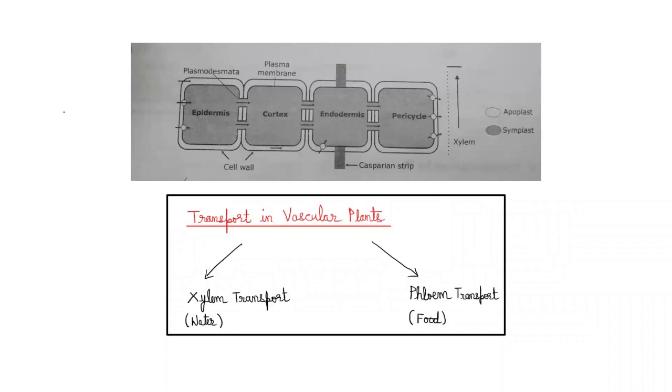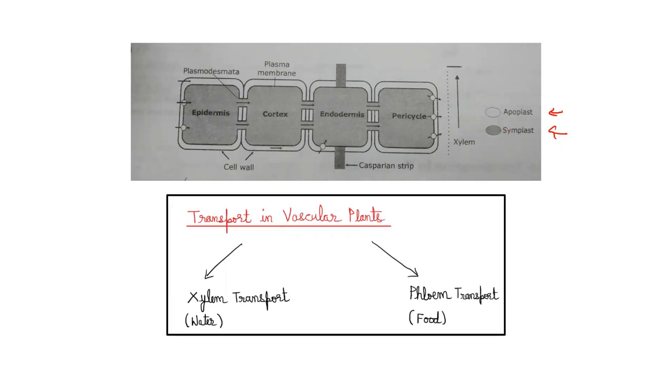Then we talk about the movement of water inside the plant, how the roots absorb the water, and when the water enters into the plant, the water either moves through the symplastic pathway or it moves through the apoplastic pathway. The apoplastic pathway is shown in the diagram in the white color, whereas the symplastic pathway is shown in the diagram in the gray or the black color.